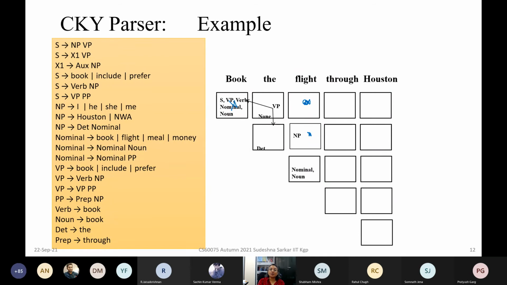So if you look at book and the flight, book is a verb and the flight is a noun phrase. So this verb and noun phrase goes to verb phrase. So we can put a verb phrase here. This is done. So we can put a noun phrase here.